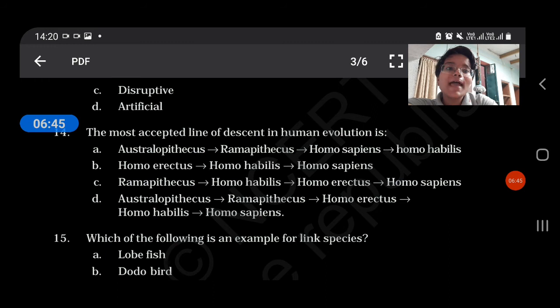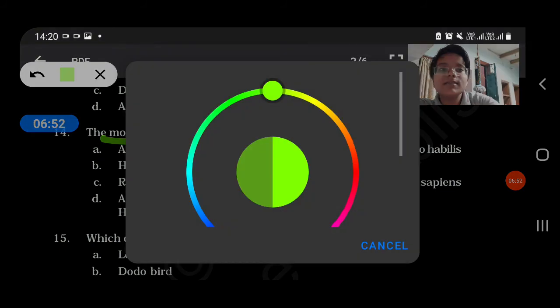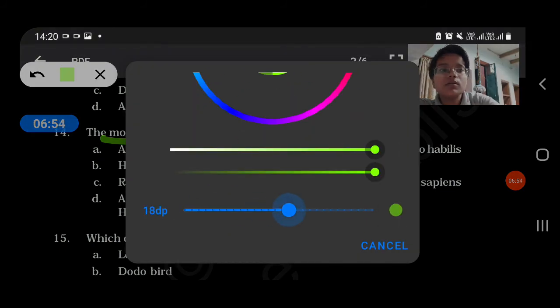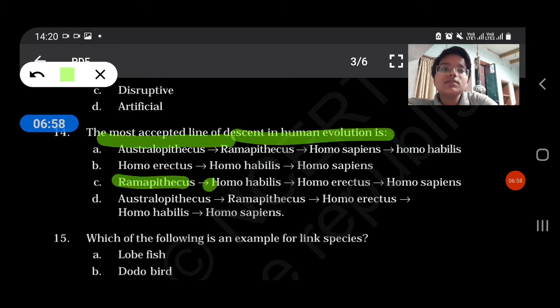The most accepted line of descent in human evolution is Ramapithecines, Homo habilis, Homo erectus and Homo sapiens.